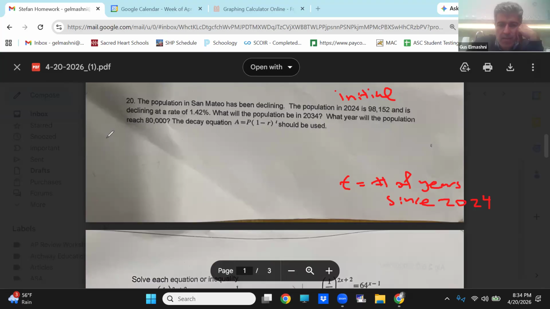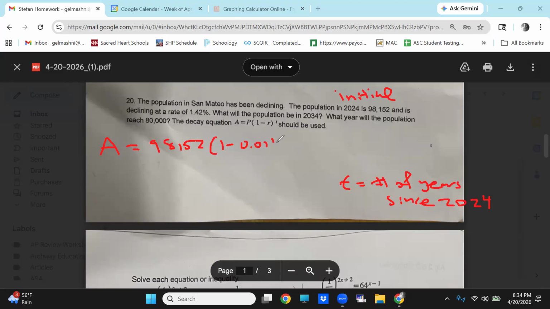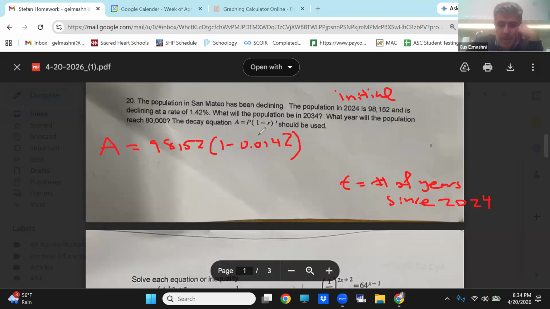Okay, so A, and then the rate's 1.42%, or 0.0142. And you don't know what T is, so you have to solve for it.